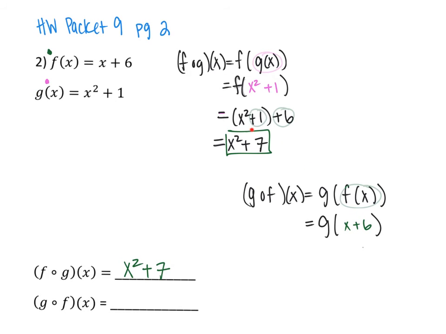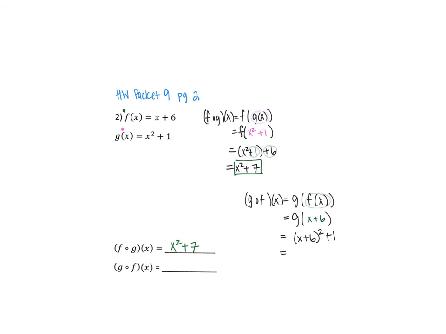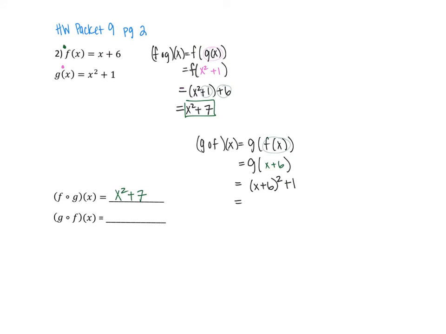So when I plug that in, that's going to replace that x with x plus 6. So what that's going to look like is x plus 6. But notice how this x is squared. So this whole thing will be squared. Looking at this here, this is where it gets a little bit tricky and where people can easily mess up.